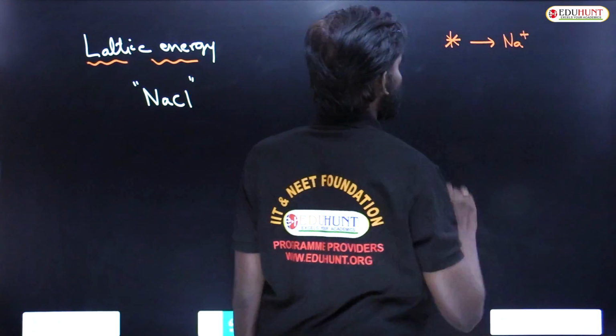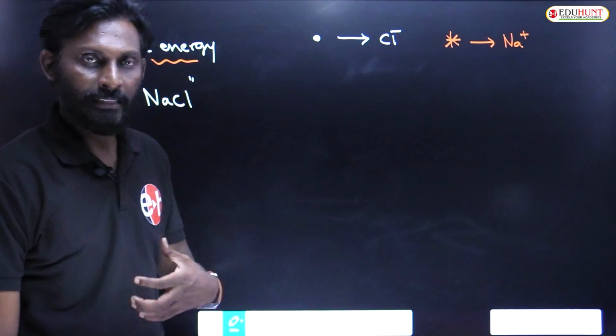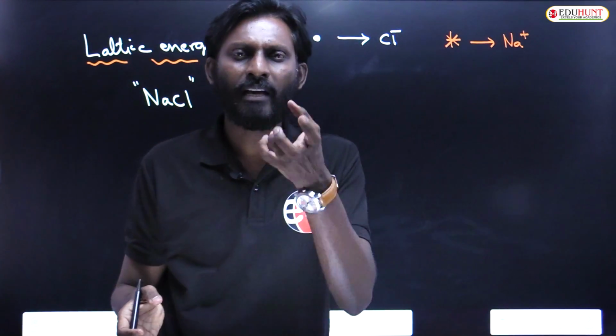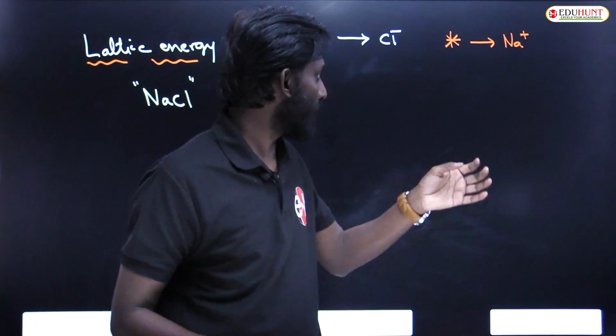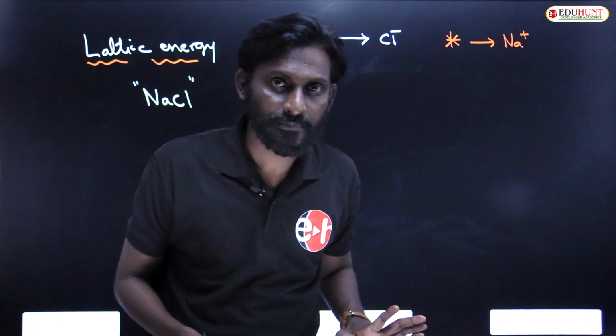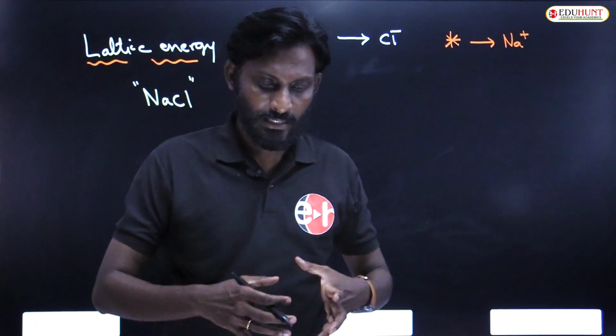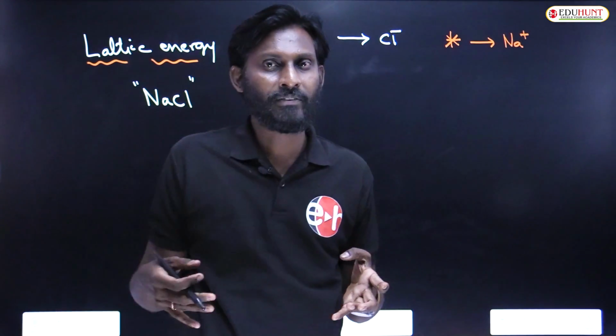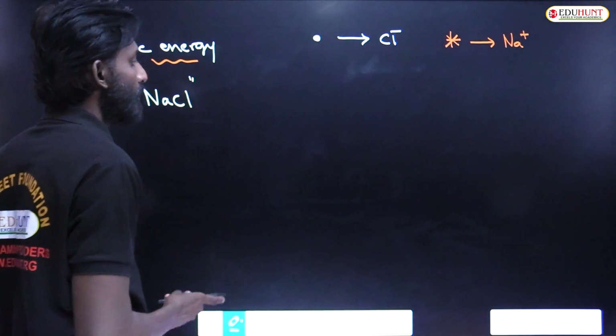Now I am going to arrange this Cl minus and Na plus in a solid ionic crystal, so that we can get an idea how the lattice will be, how the arrangement will be, and what the pattern is like.